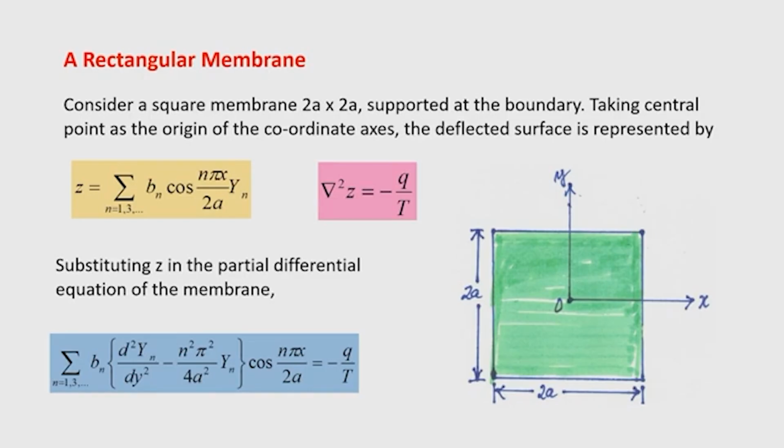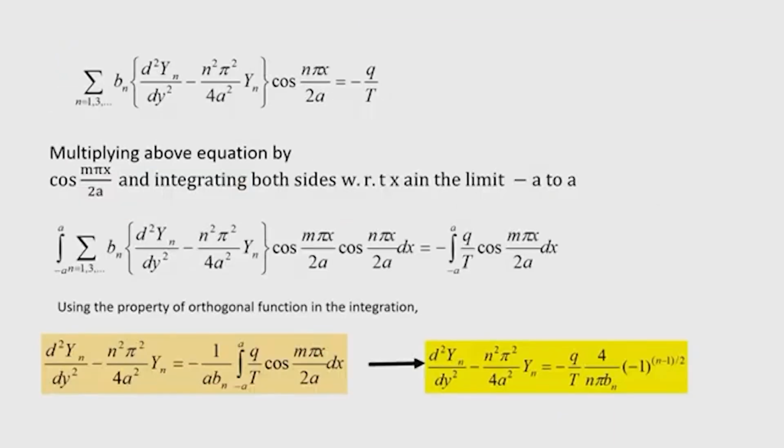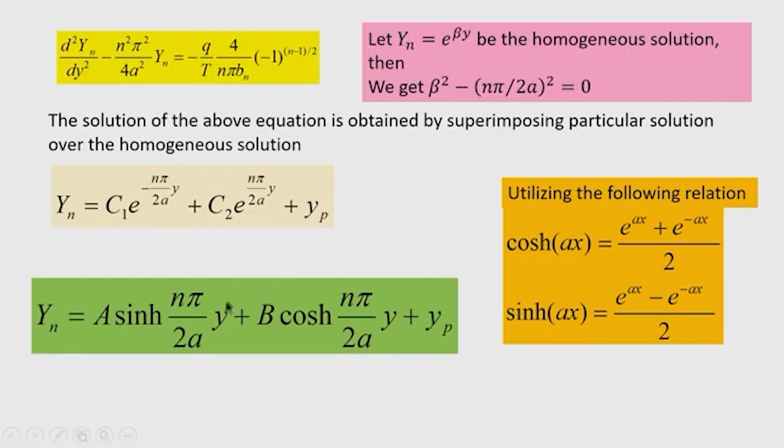So, there should not be any odd functions in the deflected surface. If you see this function, the odd function is sin hyperbolic n pi by 2 a into y. So, this we can omit now in the deflection equation.